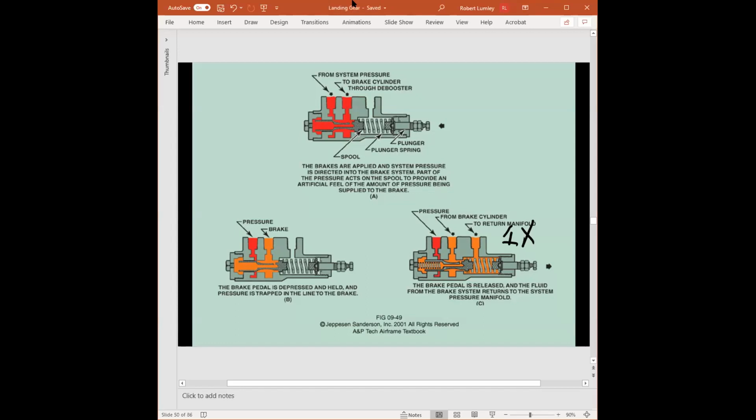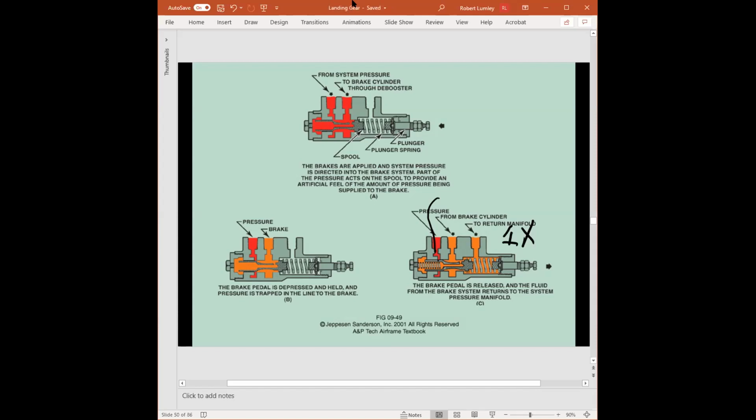So what do we have? Once again, we have what's called a spool valve, okay? Now, hydraulic pressure is trying to come in, but it's blocked off by the spool valve. The brake cylinder, or I'll just call it the brake fluid, has a passageway to return back to the hydraulic system reservoir, okay? So that passage is open.